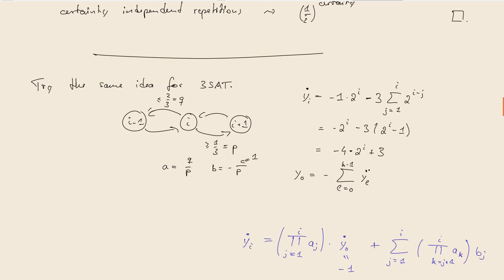You integrate if you have the derivative to get the real function. All in by the same summation formula. What you get is this. And that's the expected number of steps you need in the worst case till you run into the sink, till you find the satisfying assignment.